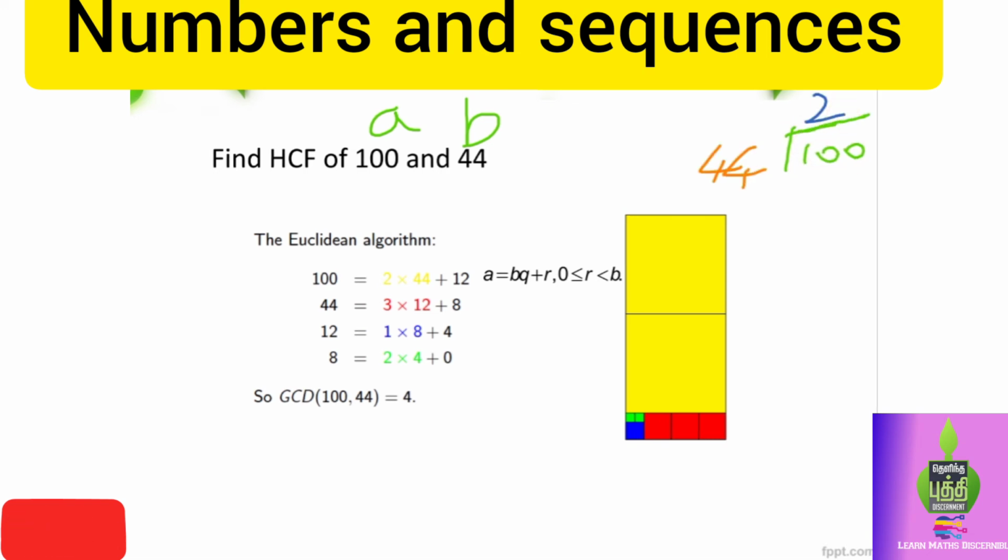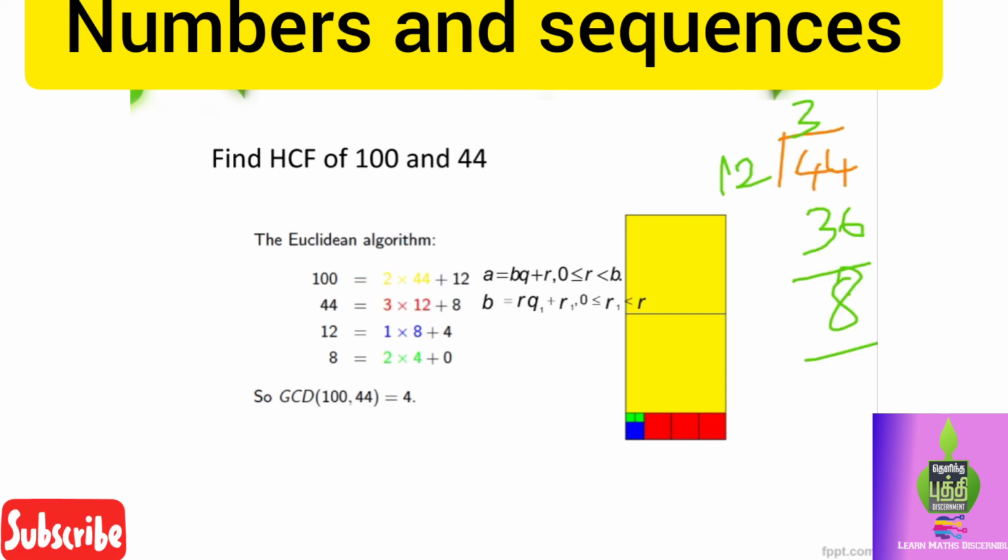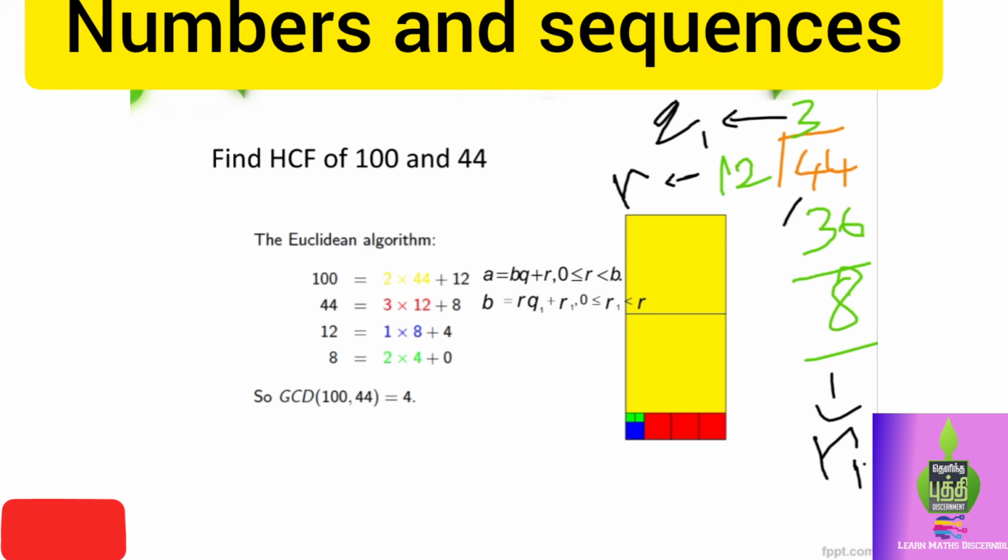We take the dividend 100 and divisor 44. Then we get quotient and remainder, where we take this remainder and quotient for another process. In the second process, we take the remainder 12 as divisor and b = 44 as dividend. Then it will be divided like this.